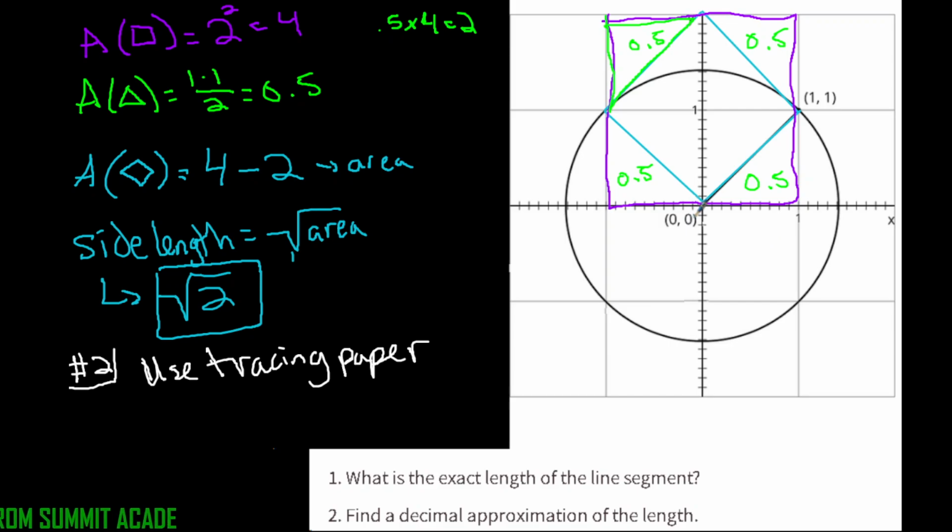Notice how this length is the radius of the circle. So if I look at the x-axis, it goes the whole way out to here. What would we say, 1.4? It's not going to be perfect, but we can say it's about 1.4.